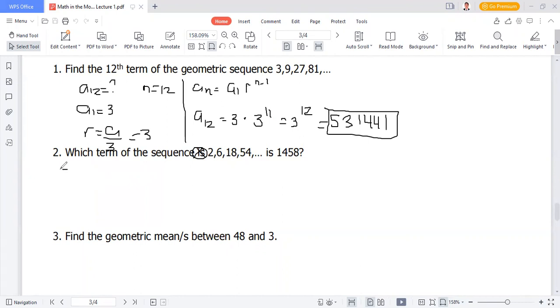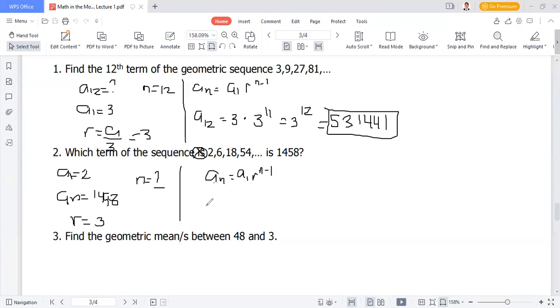So, meron tayong A sub 1, which is 2, at A sub N, which is yung 1458. Pwede nating makuha si common ratio. Divide mo lang, 6 divided by 2. 3 ulit, yung common ratio niya. And then, ang hinahanap, which term, so meaning, yung N. So, ganun lang din, pwede nating gamitin yung formula A sub N equals A sub 1 R raised to N minus 1 para makuha si N.